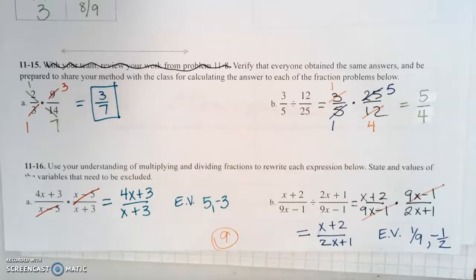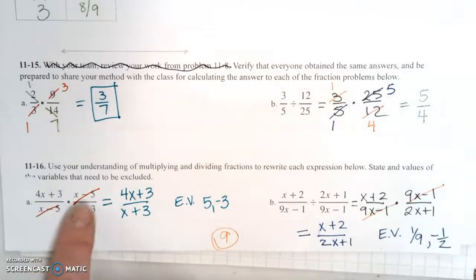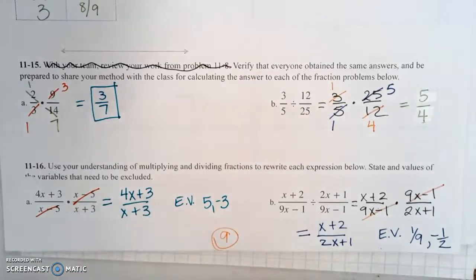State any values of the variables that need to be excluded. All right, so for part A, we're going to multiply. I can see that the x minus 5 and the x minus 5 can cancel, leaving us with just 4x plus 3 over x plus 3. And then I stated the excluded values of 5 and negative 3.